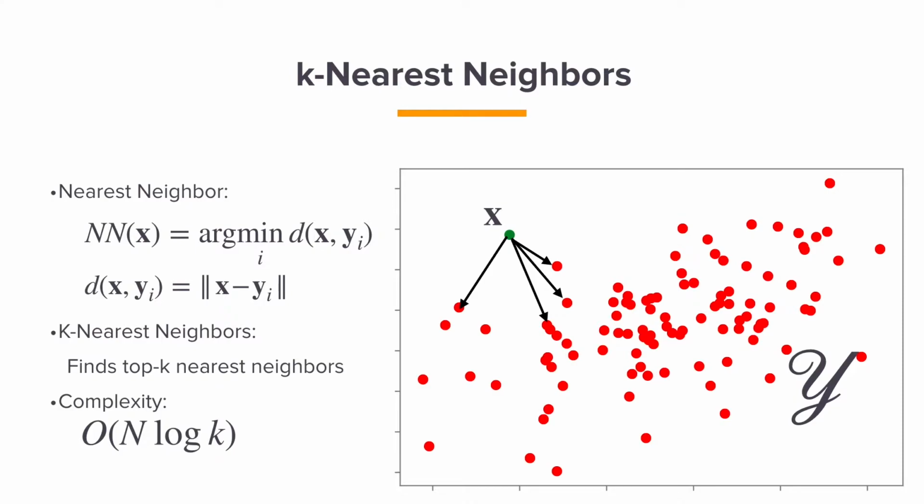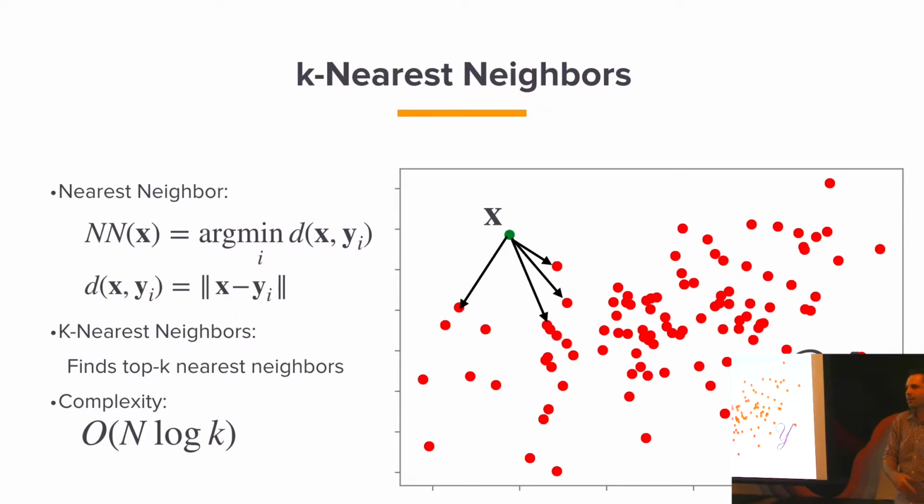The complexity of the naive algorithm there is n times log k. Why? You basically have to do it k times. Yeah, that's true. There are a couple of different ways to do it, but yes. Well, where does the log k come in? The log k comes in because you have to do n to find all the distances. Yeah, you have to do n to find all the distances for sure.